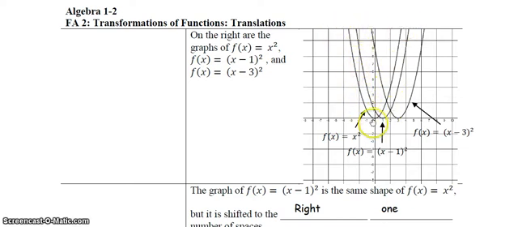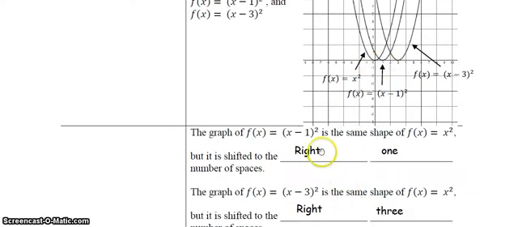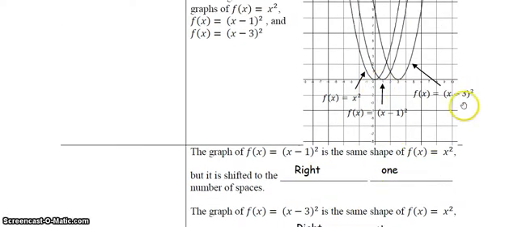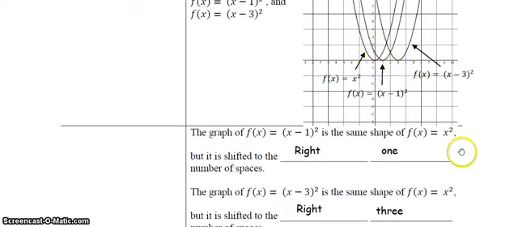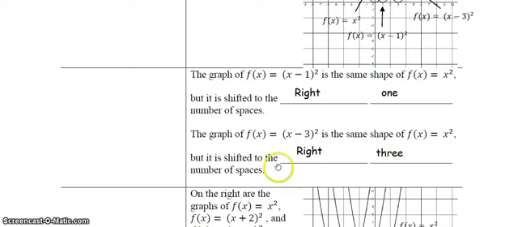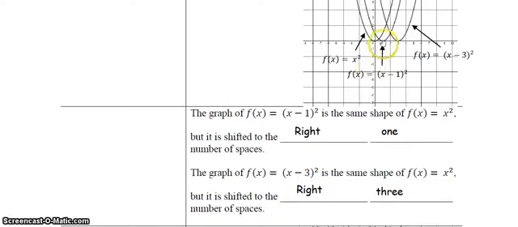Well, it looks like it went from 0 to the right 1 unit. That's exactly what happened. How about x minus 3 quantity squared? Let's start here for x squared. It's now moved over here 3 units to the right. So 1, 2, 3 units to the right, we draw the same thing. It's the exact same graph, just shifted over.